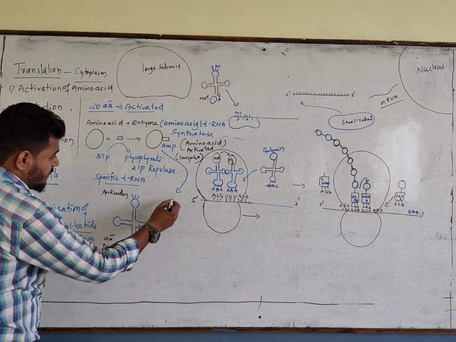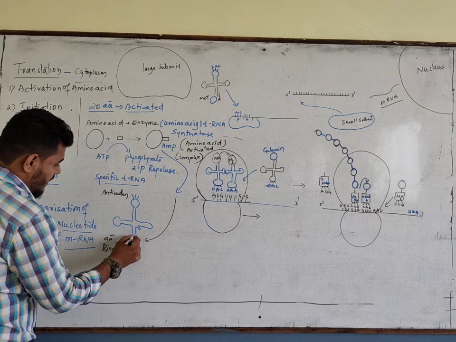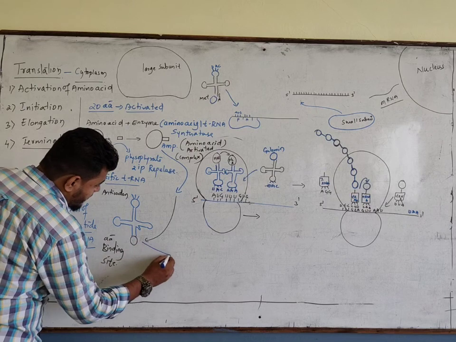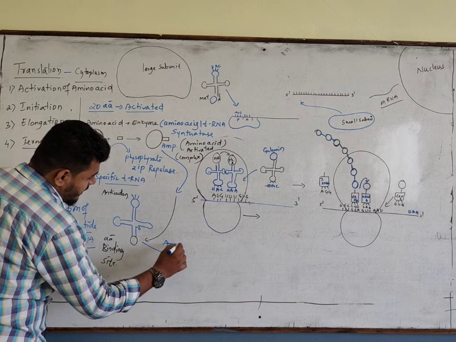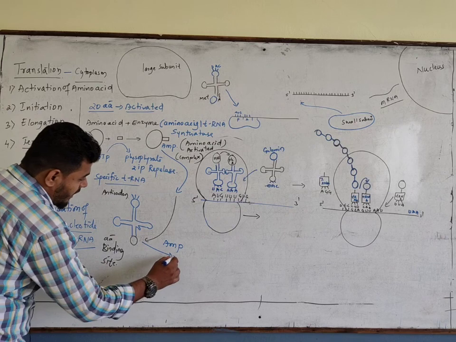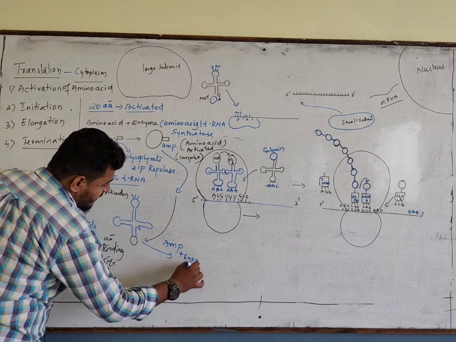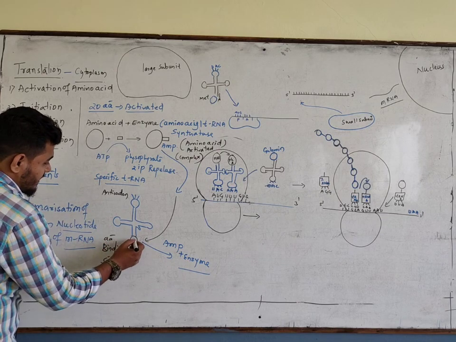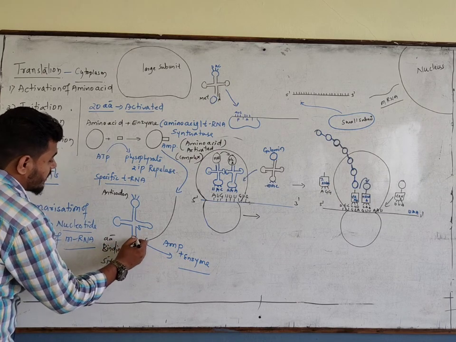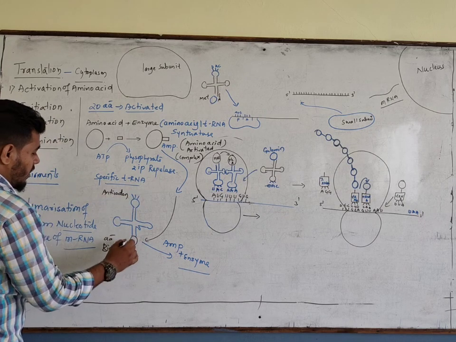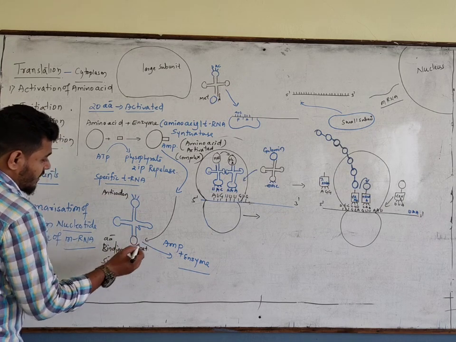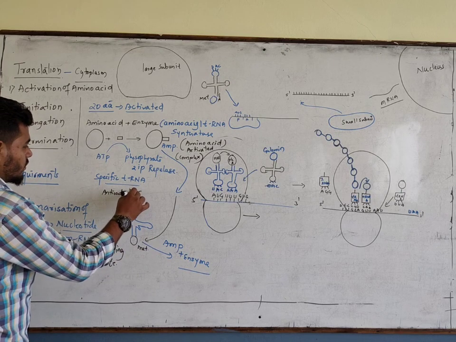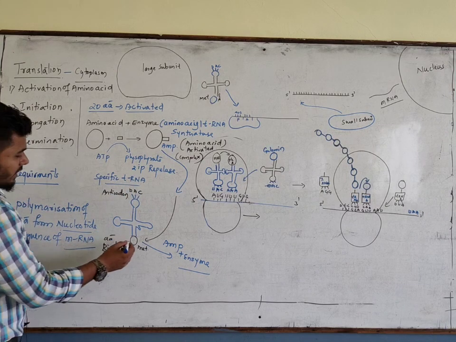Okay, so they will move and attach here. As they attach, in that process there is a release of adenosine monophosphate, AMP, and that enzyme. You can take the example of this could be methionine, the first amino acid, then this is UAC. Okay, this is the anticodon of an amino acid.